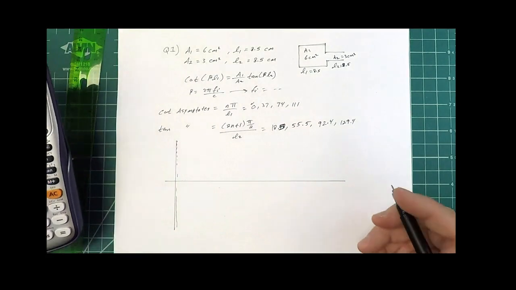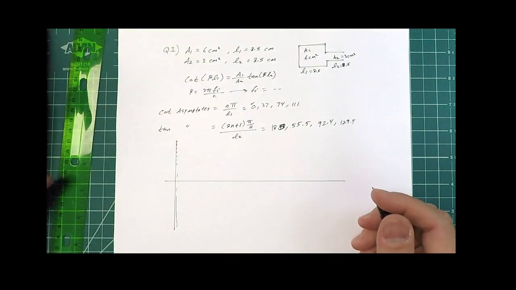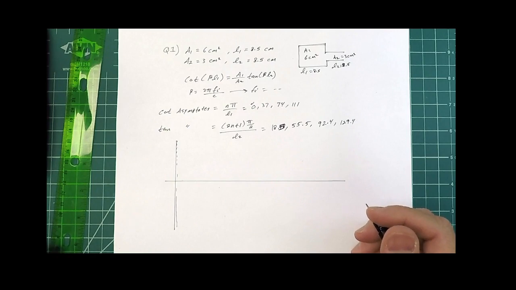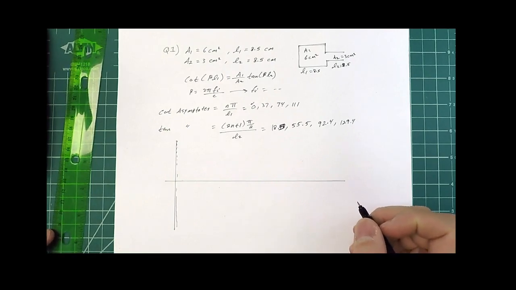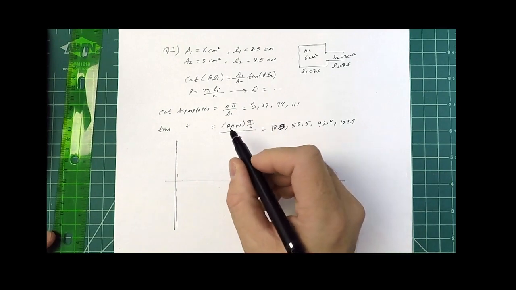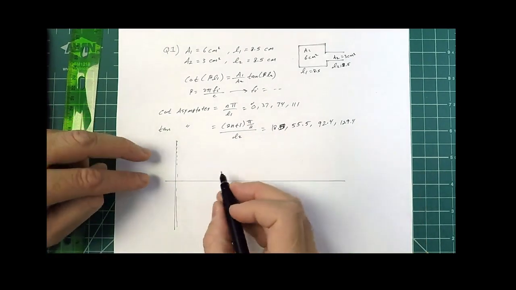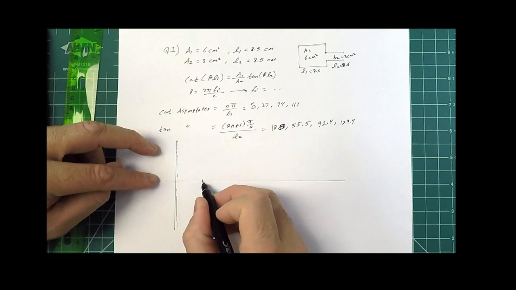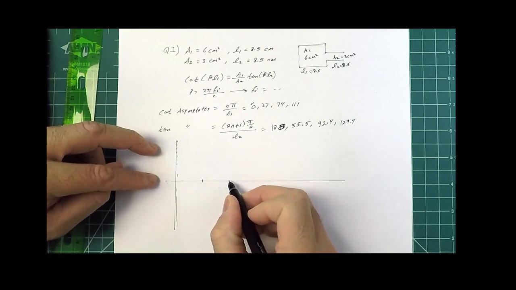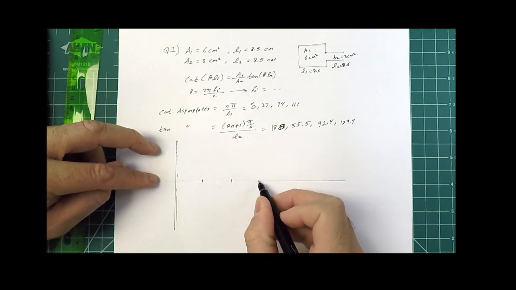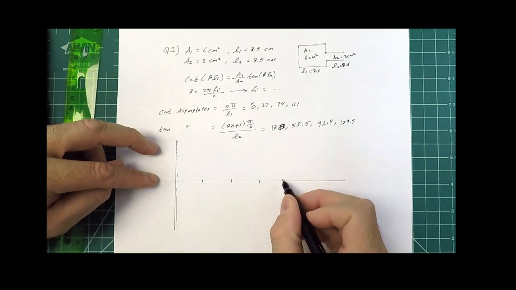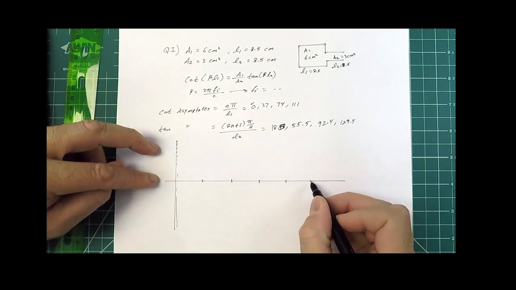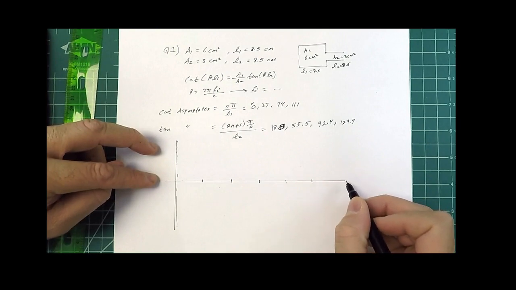Now we need to draw these. So 0, 18.5. Let's say this is around 37, and then 55.5, 74, 92, and then 111.